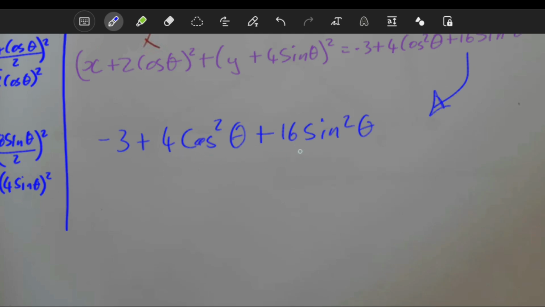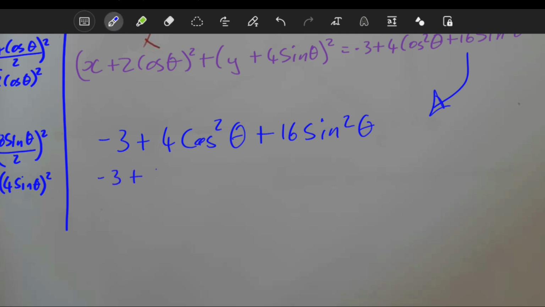Here we can take out 4 as a common factor between these two and see what happens. Or rather, let's change these to the same trig ratio. Let's change this one to something that has a cos. So let's see here, cos squared theta. Let me remove everything.